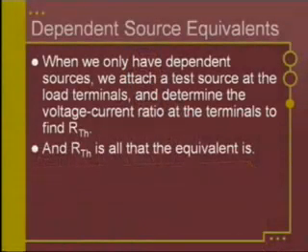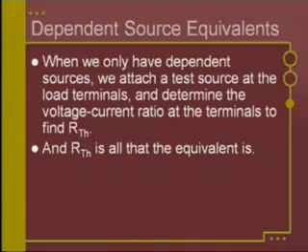Now, what you should have noticed, at least to some point, is that everything that we've done has been independent sources. And dependent sources, when it comes to Thevenin equivalence, are not fun at all. These get pretty nasty. If we have nothing but dependent sources, then one of the key things is that there will be no open circuit voltage or no short circuit current.